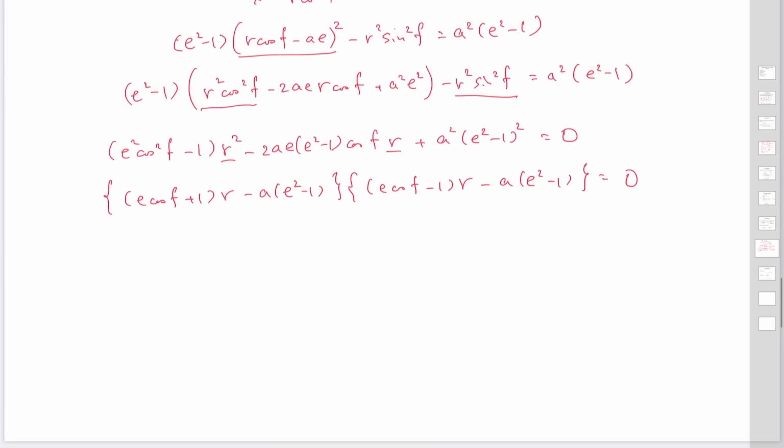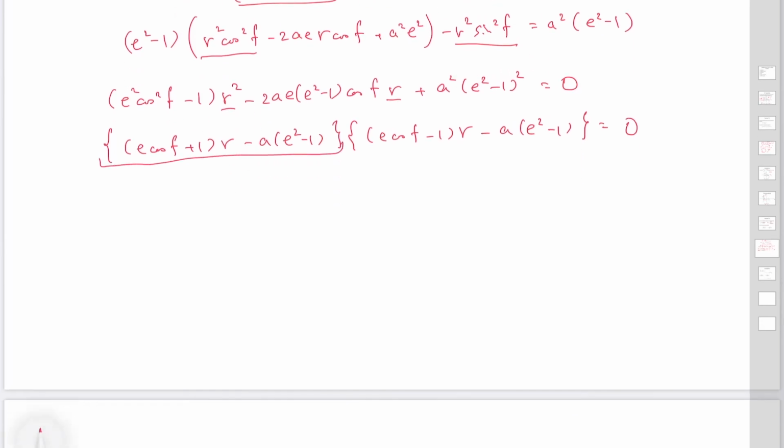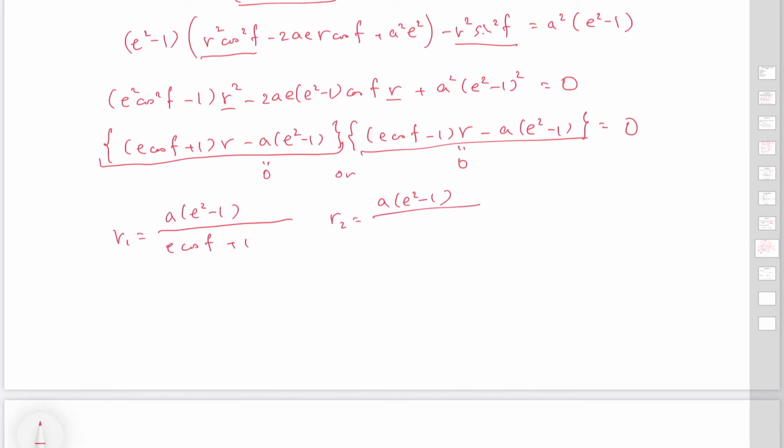From these equations, this is 0 or this is 0. So there are two possibilities. If you choose the first term as 0, r sub 1 is a (e squared minus 1) over (e cosine f plus 1). From the second factor, r sub 2 equals a (e squared minus 1) over (e cosine f minus 1).